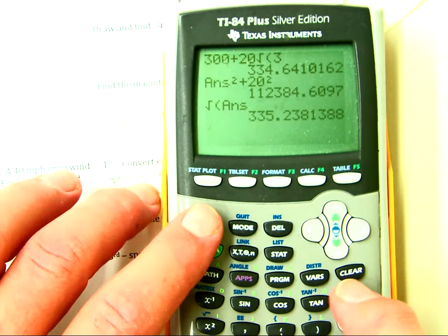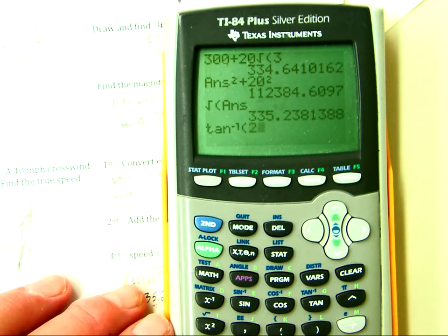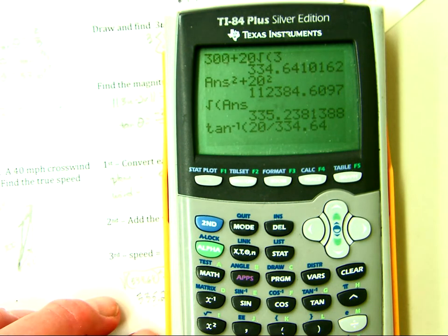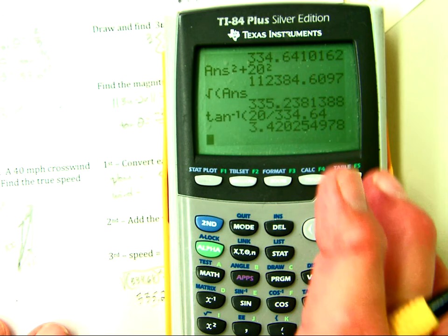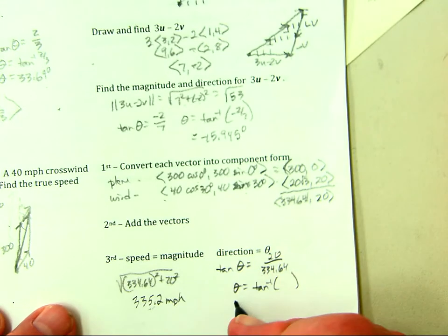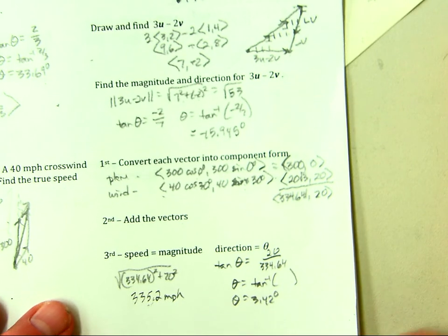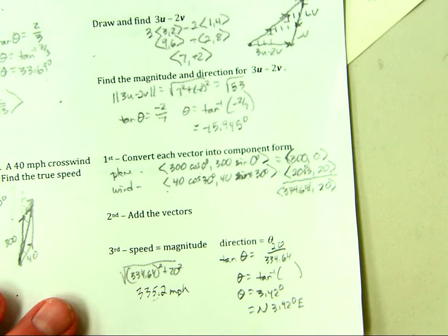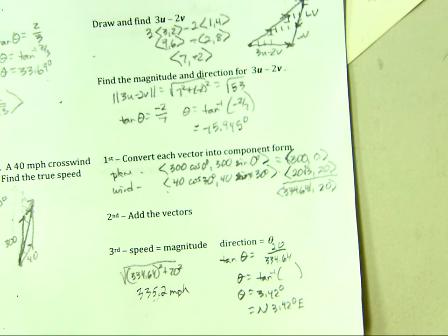So if I take the inverse tangent of 20 divided by 334.64, I get 3.42 degrees. So in direction, that would be north 3.42 degrees east. So even though the plane was headed due north originally, it's going to be blown a little bit to the east, so it's just barely to the east.